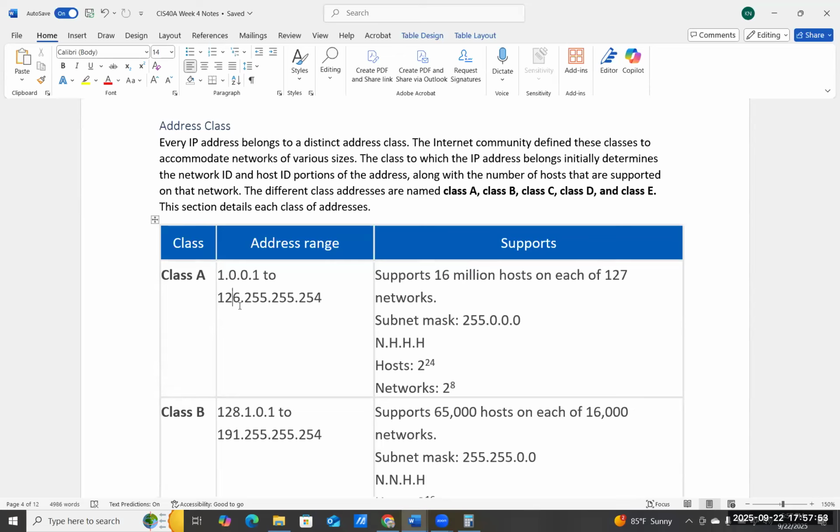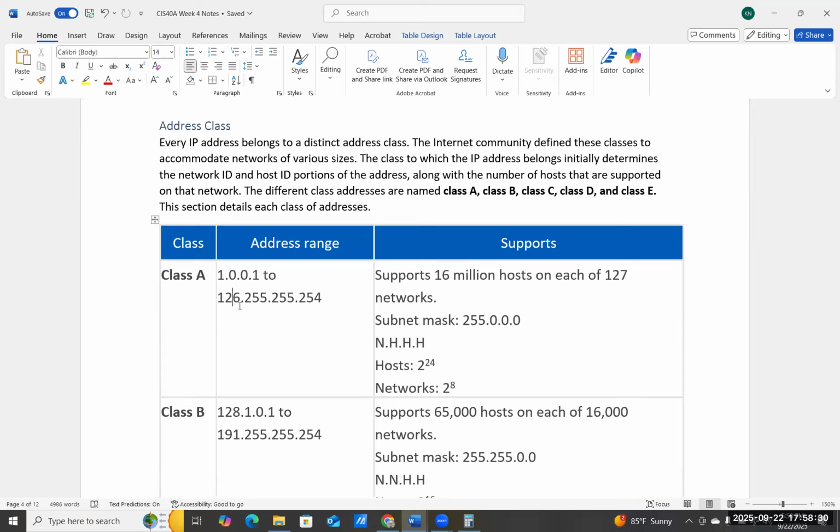And this is just the standard. This is what we follow. So when we say this, we know that there are 32 bits in an IP address. If the first octet is the network ID, that will give us this many networks. If you take 2 to the power of 8, you're going to get a number, and that would be the amount of networks that you would have using class A. The reason why we use class A is because we have the most number of hosts, 2 to the power of 24.